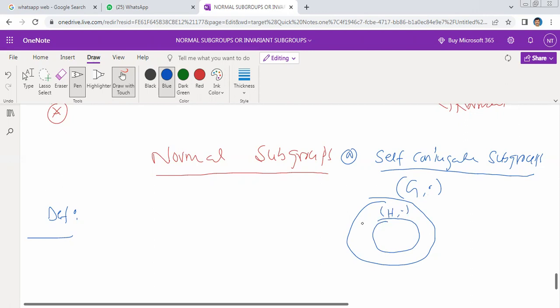Suppose I am taking an element X belongs to G, h is an element in H, X inverse belongs to this set H, subgroup లో ఉన్నట్లైతే X h X inverse belongs to H, then H is called a normal subgroup of a group G. It can be denoted by like this. I repeat once again.